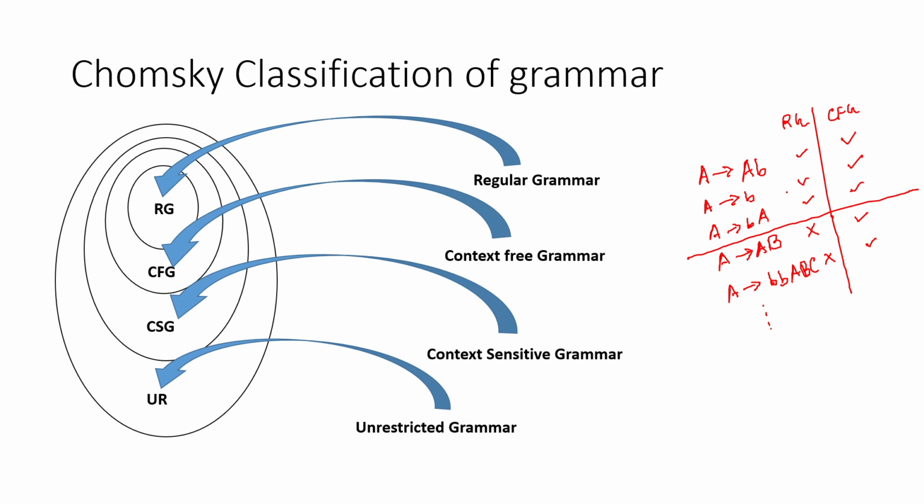This Venn diagram is conceptually very vital to realize the exact relation between these different types of grammar. We will study these four different types of grammar and the corresponding four different types of machine throughout this course of automata theory and formal languages.